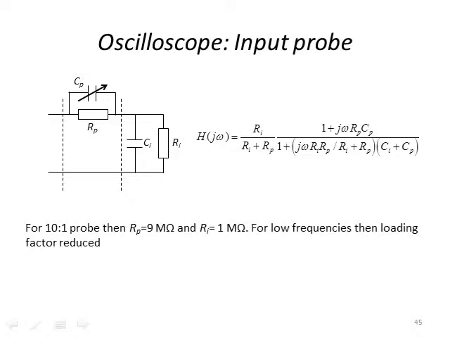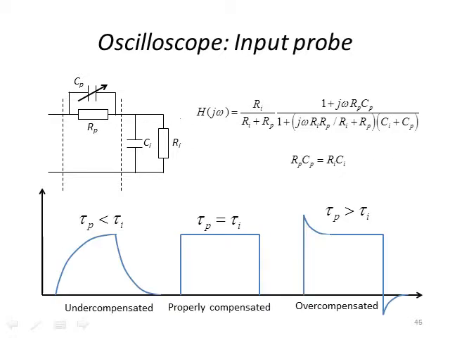So we can make a transfer function for this. I hope that you can derive something like this now in your transfer functions to be able to analyze this. Okay. Now for a 10-to-1 probe, RP is equal to 9 megaohm and RI is equal to 1 megaohm. For low frequency, the loading factor can be reduced.